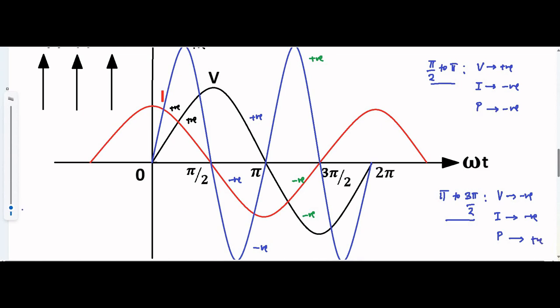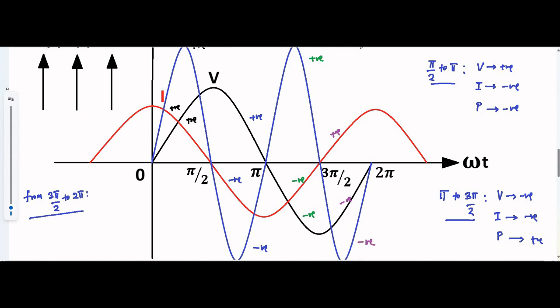Then from 3 pi by 2 to 2 pi, the current, red one, is positive and the voltage curve, the black one, is negative. So positive into negative, power will be negative.